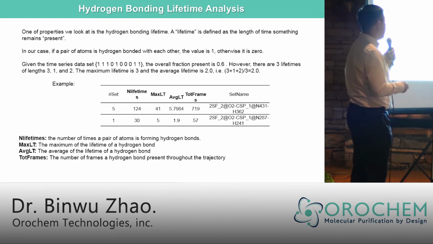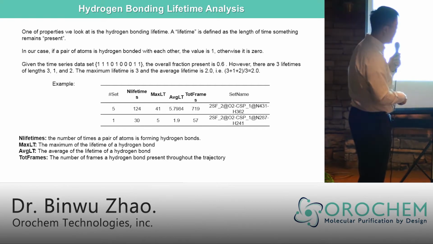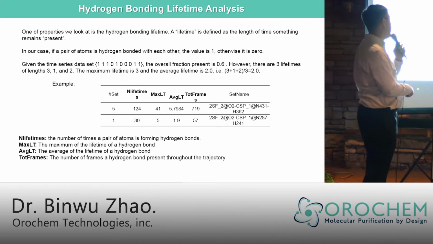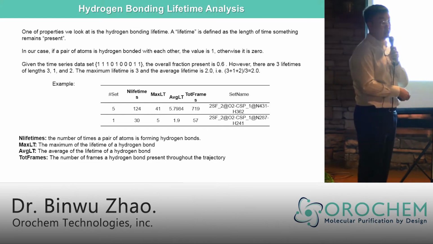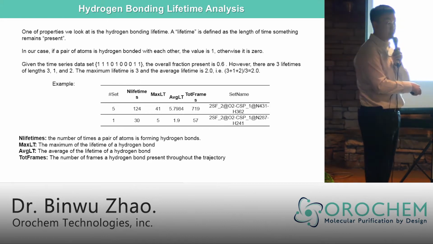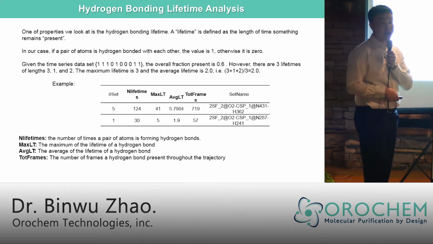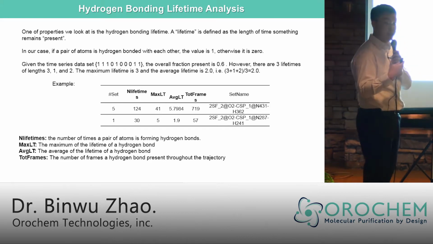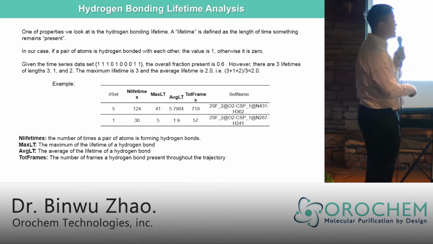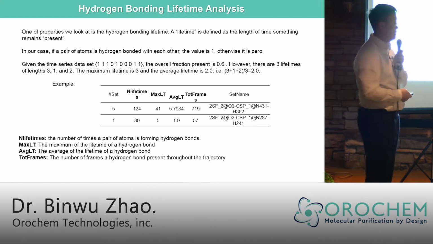And average lifetime is the average of the lifetimes of the hydrogen bonds. And total frames is the number of frames a hydrogen bond is present throughout the entire trajectory. We look at all the potential hydrogen bonded pairs between CSP and drug. We either calculate the maximum or the average of that.